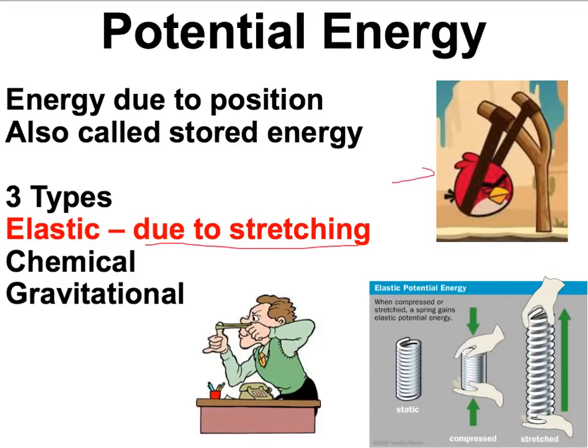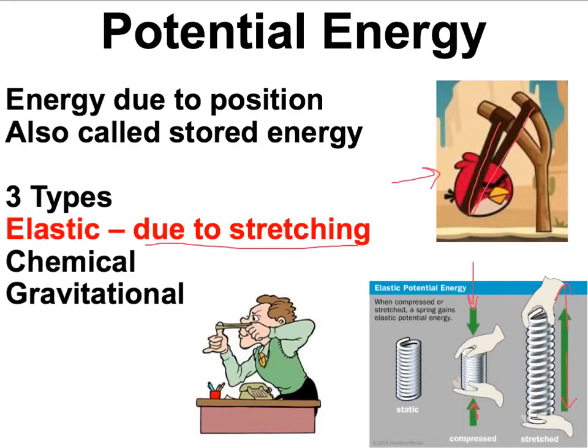One example is a slingshot, and if you've played Angry Birds, you know about that. When you stretch back this slingshot, that's going to put energy into the slingshot. It's going to allow the slingshot to be able to do work, in this case launching an angry bird. Elastic potential energy can be seen when you compress a spring or when you stretch a spring out.